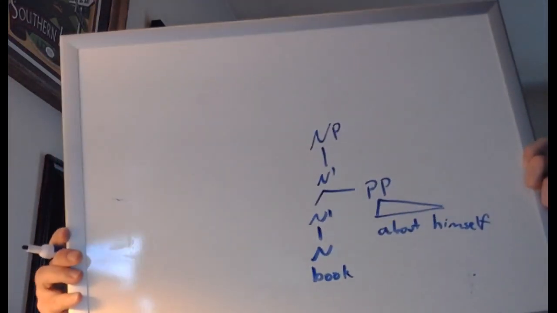So here's our noun phrase as it's being built. And then on top of that, we're going to layer a new layer of functional structure, which is our determiner phrase.